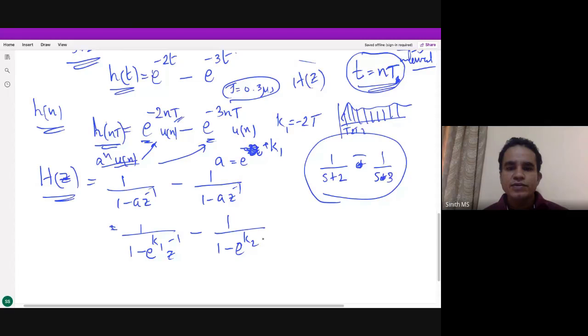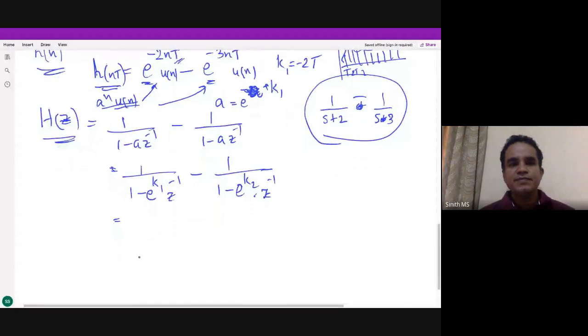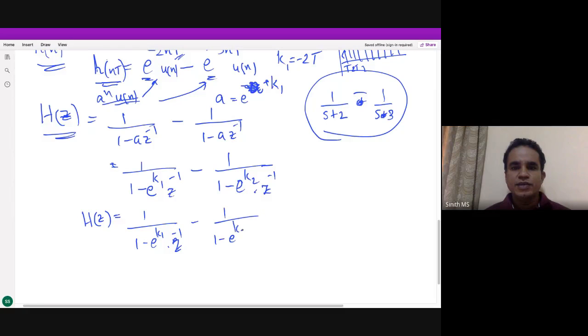So H(z) is 1 by 1 minus e raised to k1 z inverse minus 1 by 1 minus e raised to k2 z inverse.